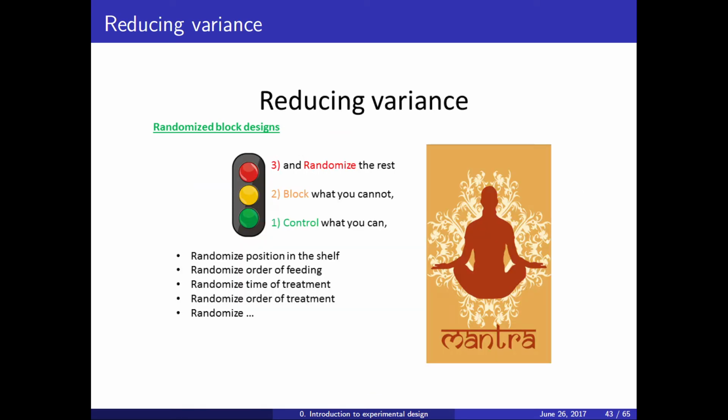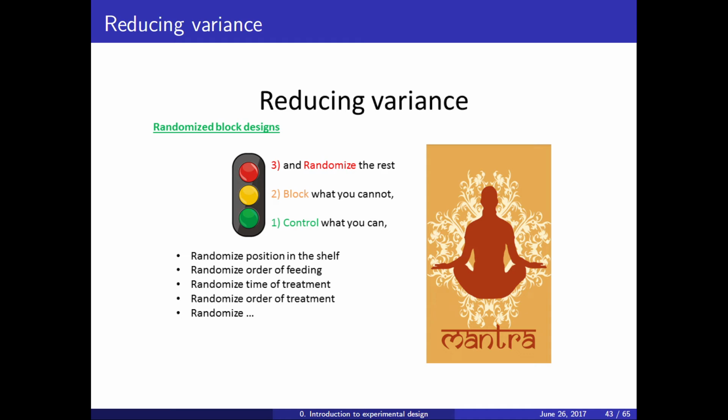Okay, so in general, this should be your mantra when you design an experiment. You should control what you can, you should block what you cannot control, and you should randomize the rest. You can typically control the treatment, and you can block what you cannot control. For instance, sex: you cannot change the sex of an animal, but you can block it.